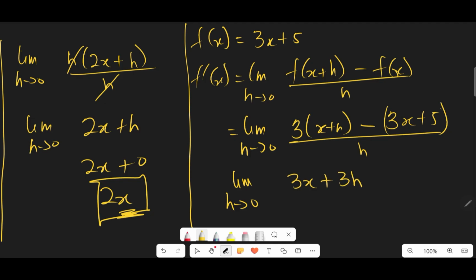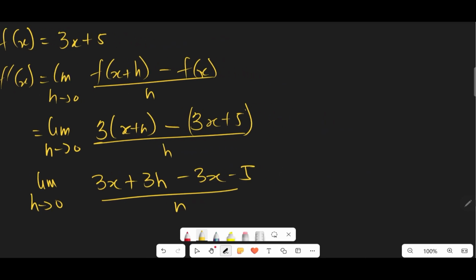Now remember that the f of x is minus, so we are going to get minus 3x minus 5 all over h. Is that okay? Good. We multiply through the bracket with the negative over here. We are going to see that 3x and minus 3x will be 0.